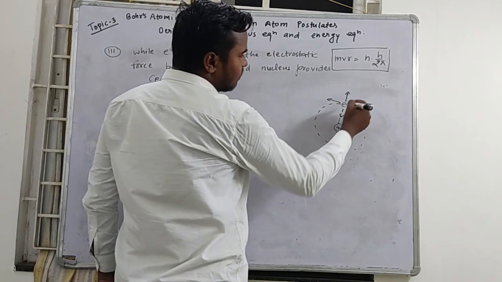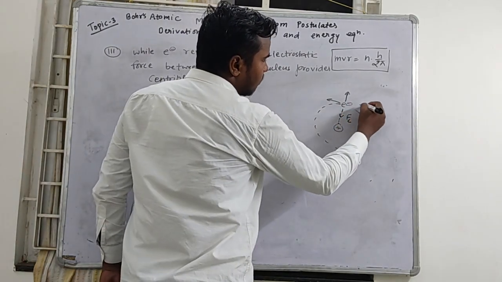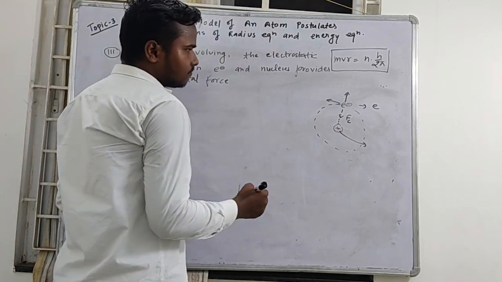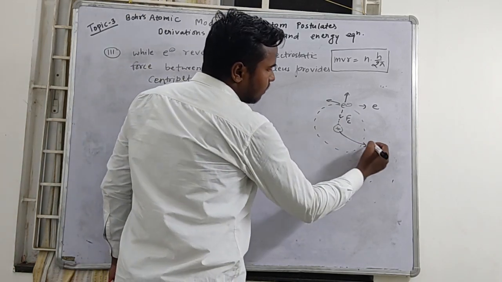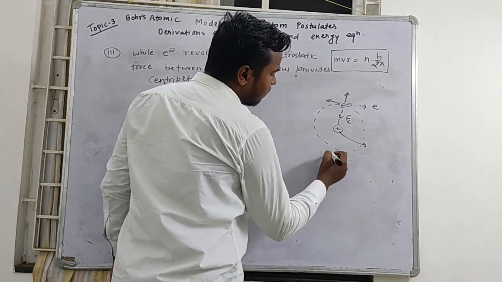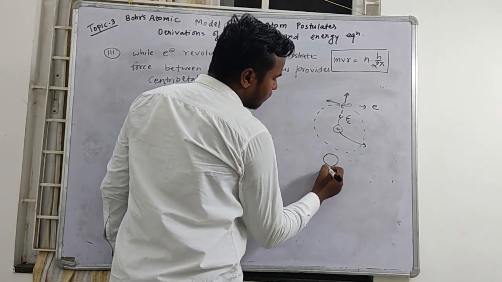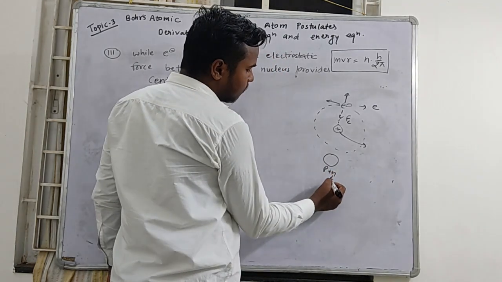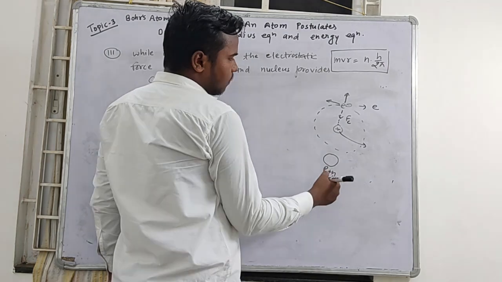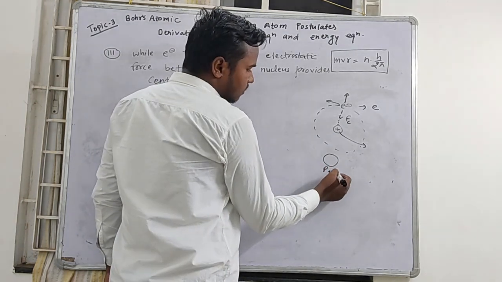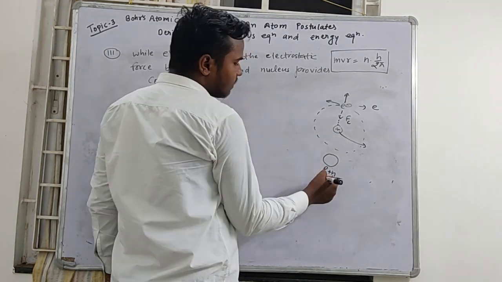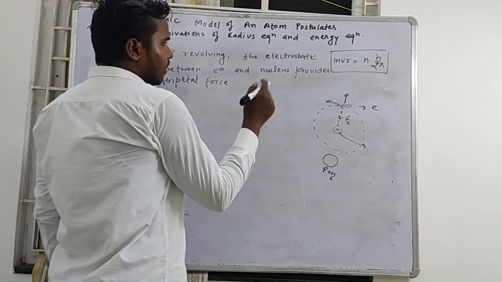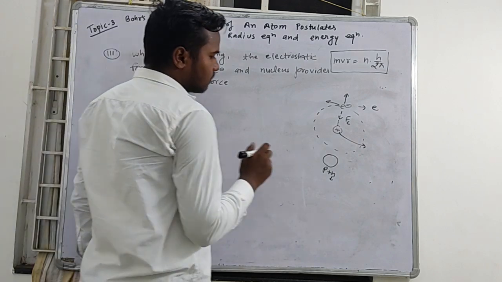The electron charge is e, and the nucleus charge will be, actually, in the nucleus there are protons plus neutrons, but neutrons have no charge, so we will not consider neutrons because they do not contribute to the electrostatic force.